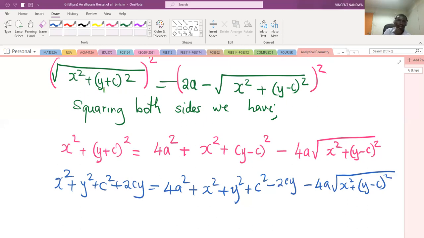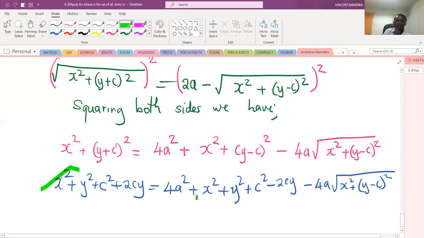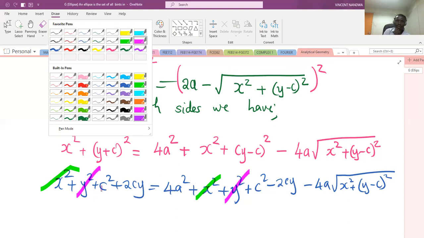So then we cancel like terms: x squared, y squared, and then c squared.